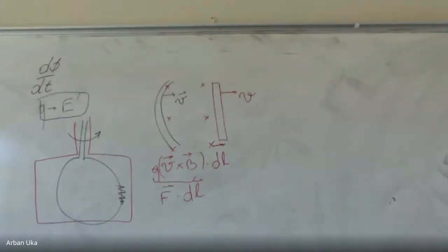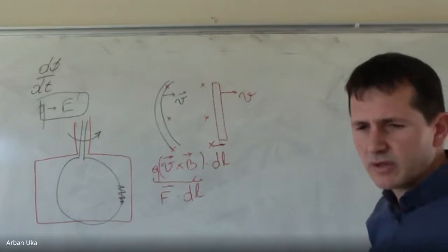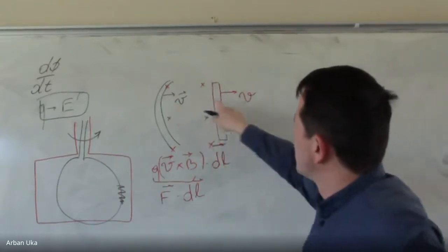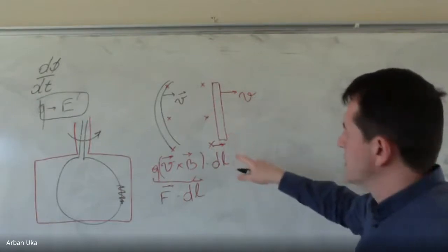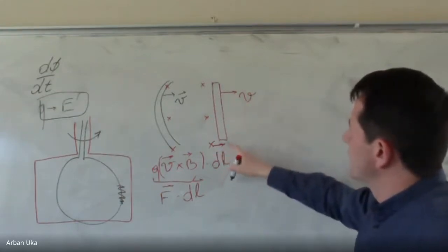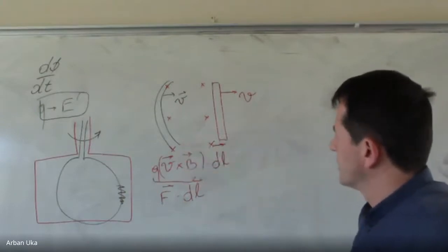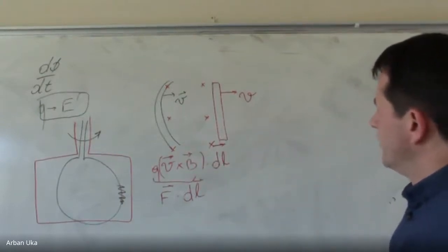And just for a moment, let me think. Let's try to analyze. I didn't think much about this problem before, but let's think for a moment. We have the same velocity on both of these electrons that are in these pieces, and the v cross B is the same whether it's in the red or in the black circuit, and then we do the integral of dl.